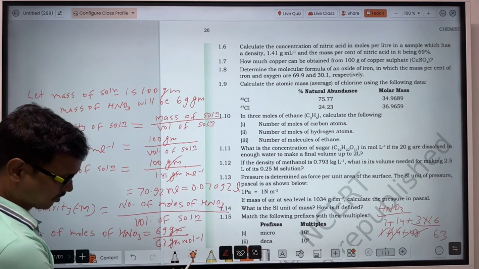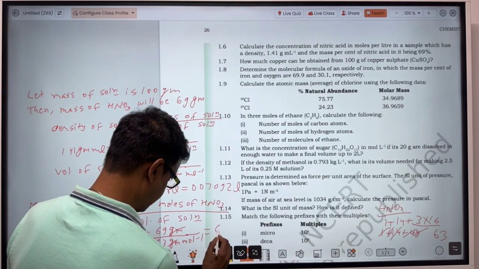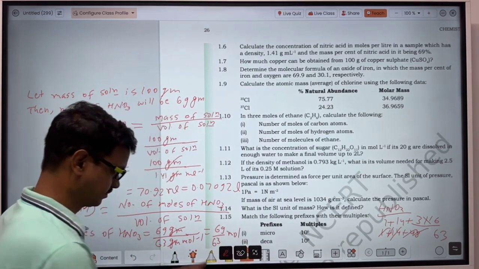Gram will cancel out, mole inverse will go in the numerator, that becomes mole. So that will be 69 by 63 mole.